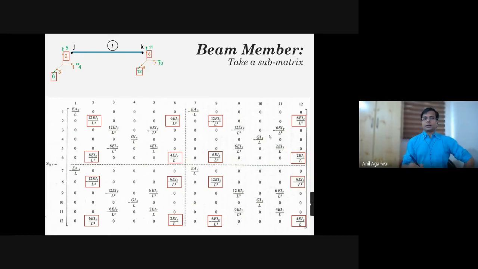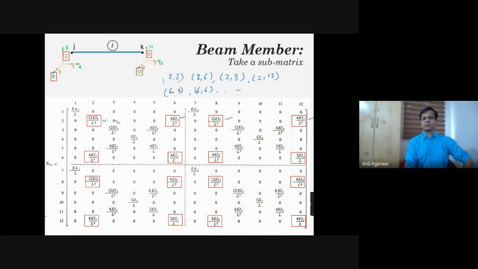Now, again, this is where we had started the discussion from. If we take the subset of 2, 6, 8, 12 from here, and all the corresponding coupled degrees of freedom, so 2, 2, 2, 6, 2, 8, 2, 12, those terms, then you can go with 6, so 6, 2, 6, 6, and so on.